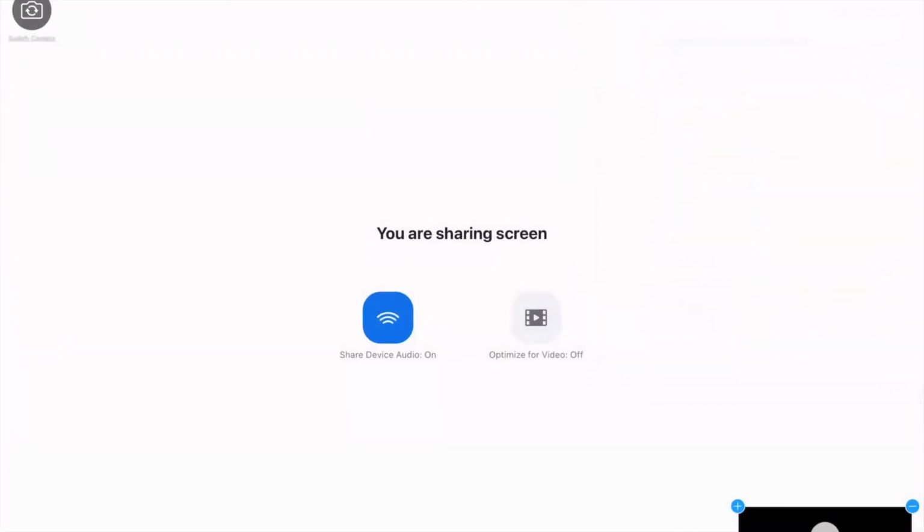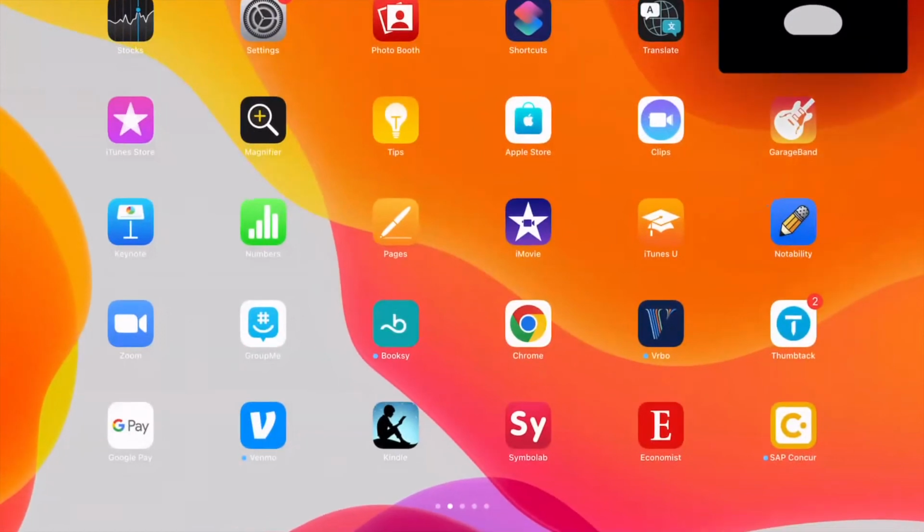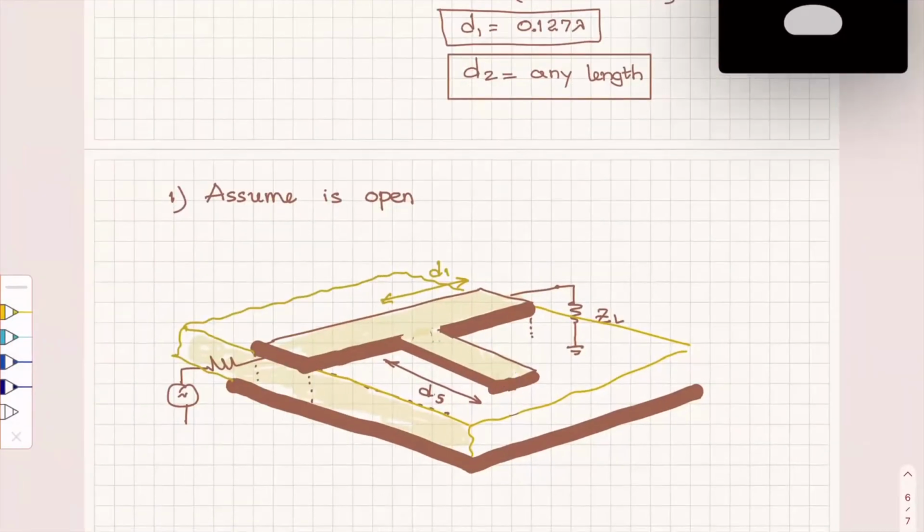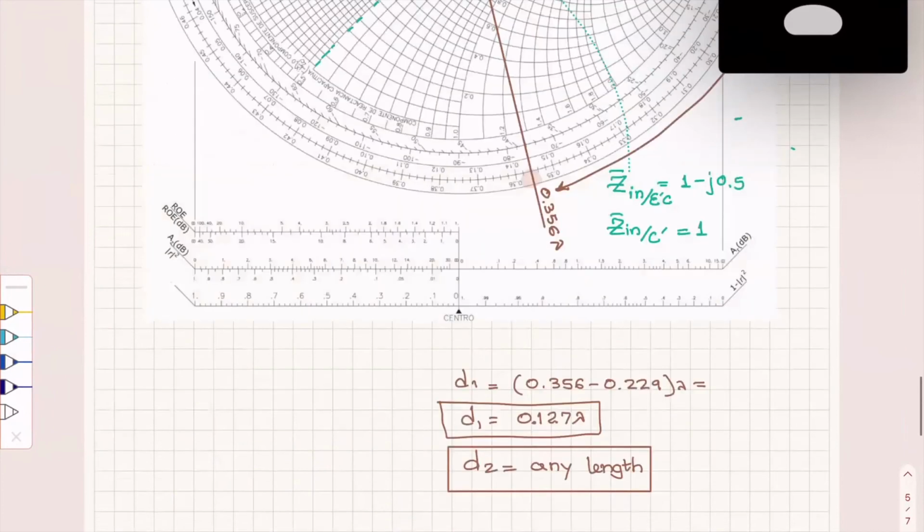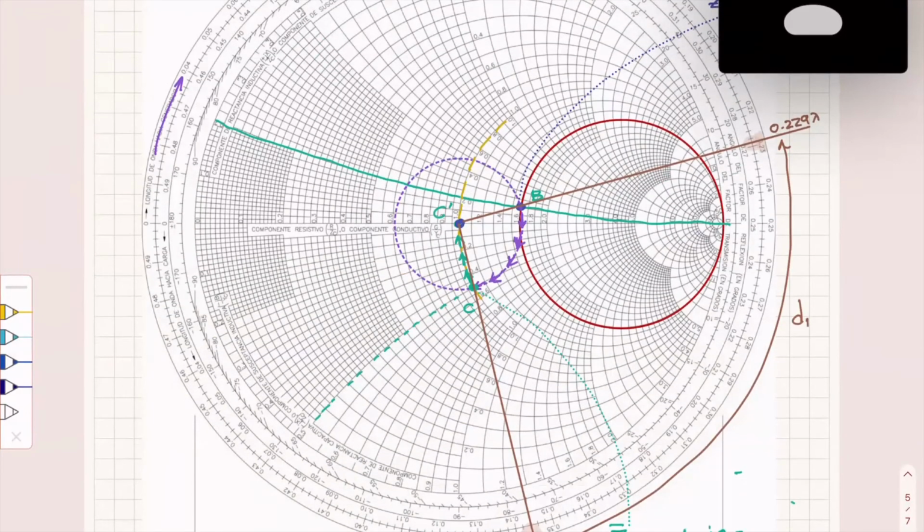Anybody? Is there anybody out there? It's going to be infinite. All right, so if it's open, open shows infinite impedance. And open is right here. All right, open.